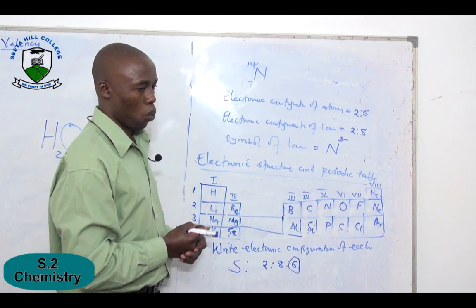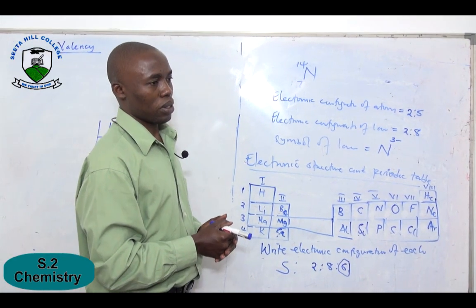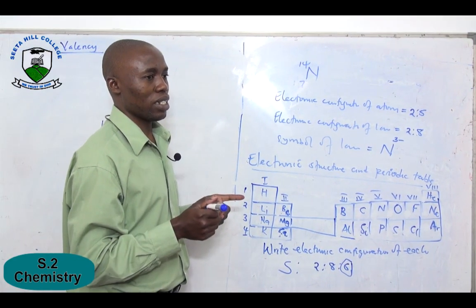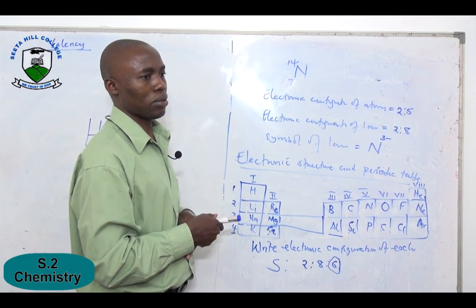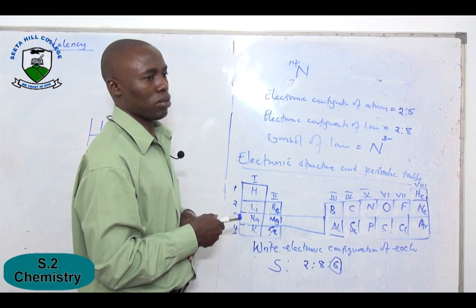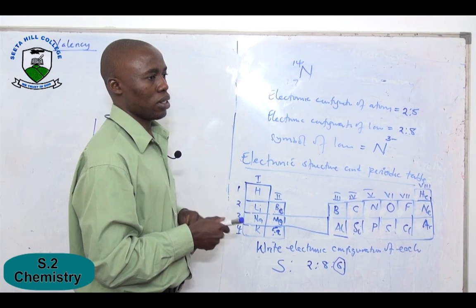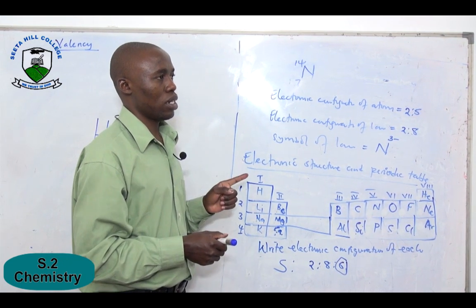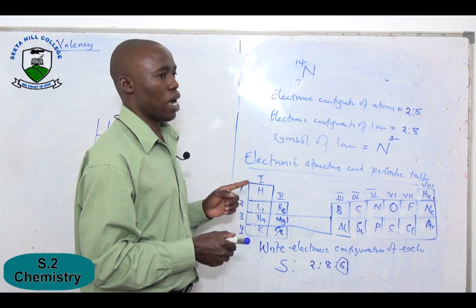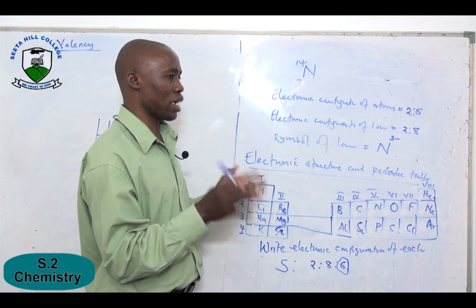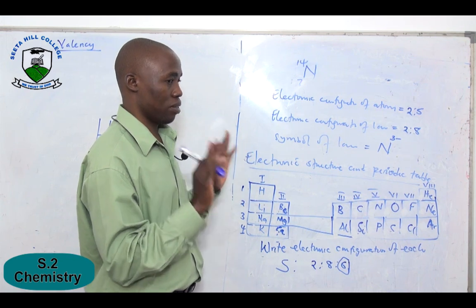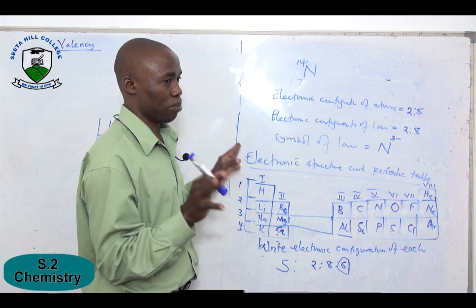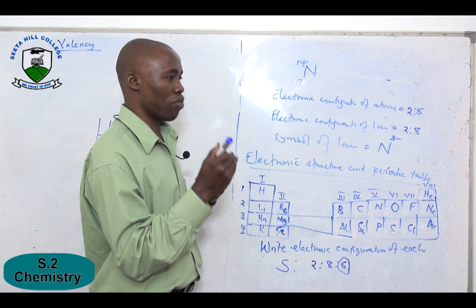Does it mean non-metals always gain electrons? See, that means non-metals are always receiving negative charges because they will always gain, while metals will always become positively charged.